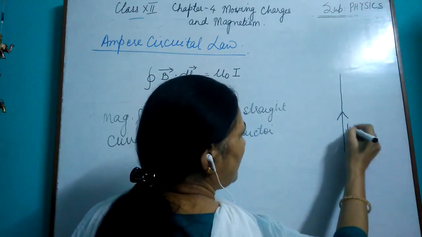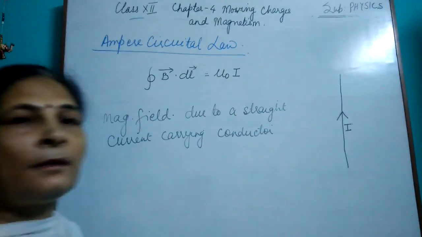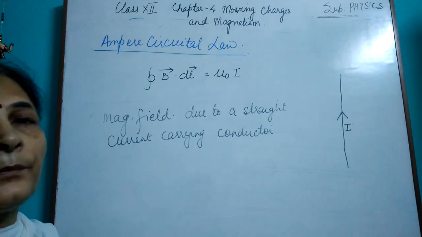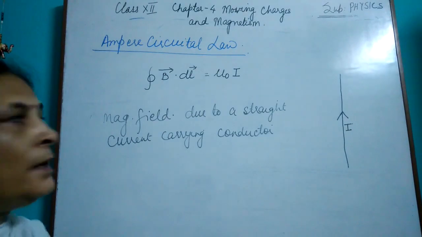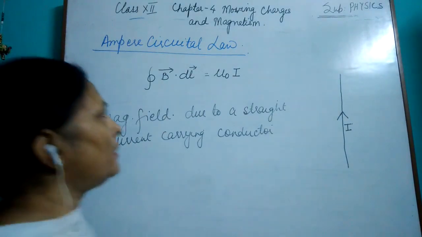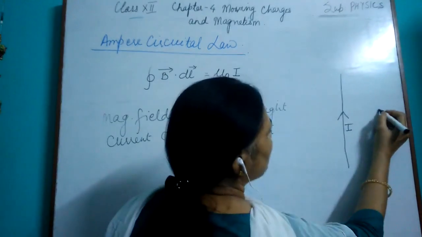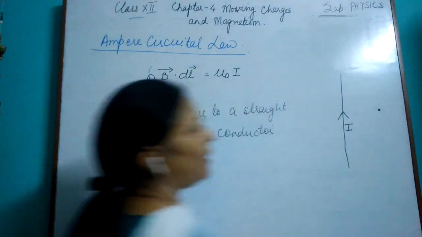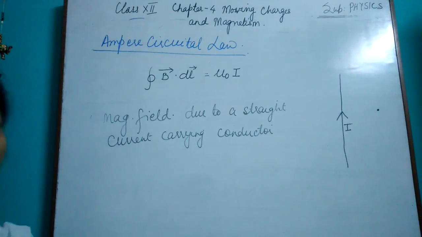a current carrying conductor in a particular direction. This is my case, and I want to find out the magnetic field, say at this point.